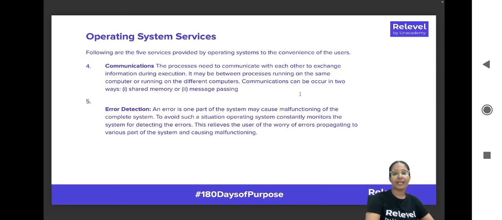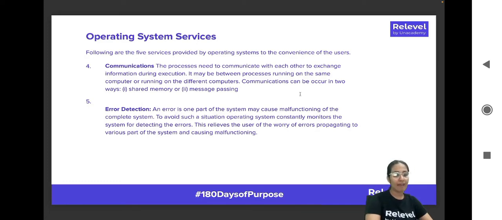The communication can happen in two ways: through shared memory or through message passing. So for communication between processes we have two methods available, shared memory or message passing. Again, both functionalities are provided by the operating system.